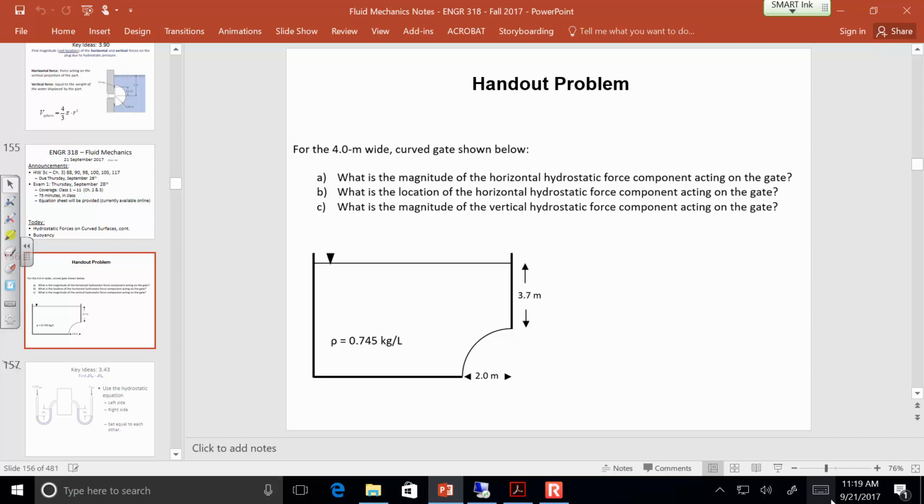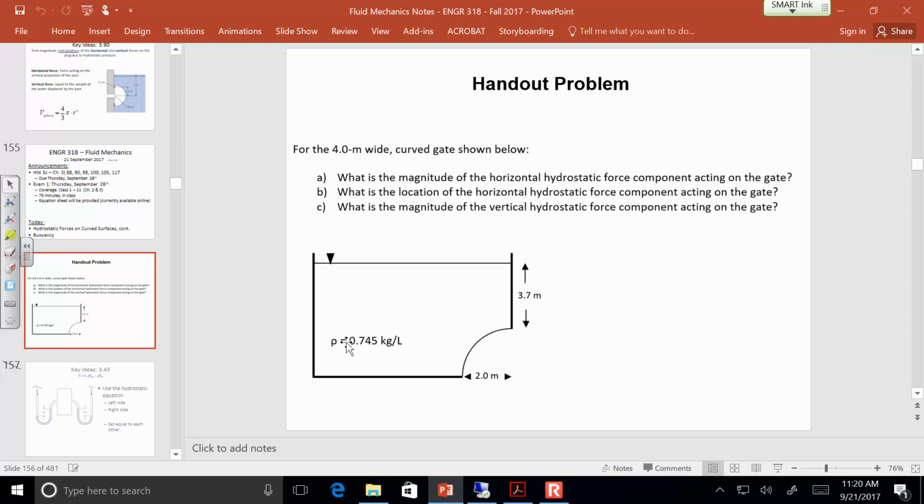And in this case, the preliminary conversion that you needed to do is related to the given density. So the density is given in terms of kilograms per liter. And there are 1,000 liters in a cubic meter. So if you multiply this density by 1,000, then we'd have a density of 745 kilograms per cubic meter. But we don't need density to find the hydrostatic force.